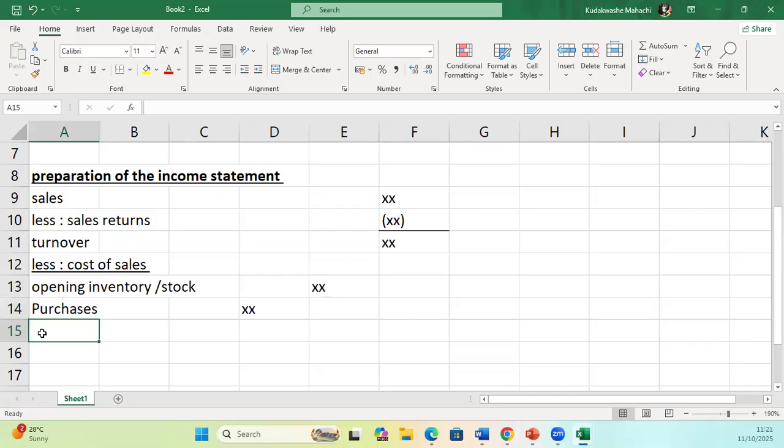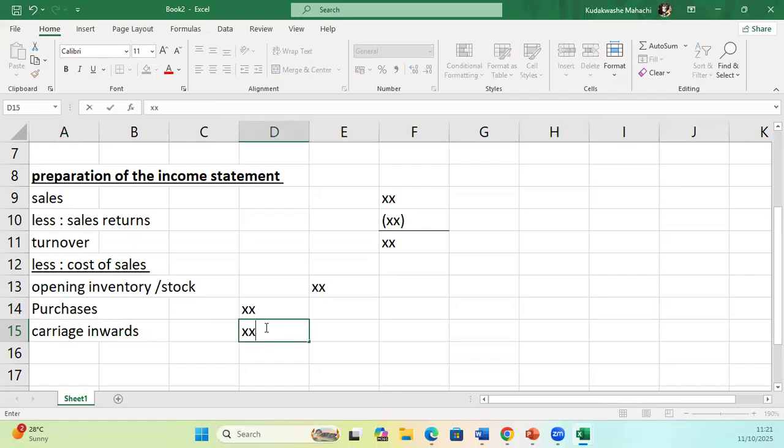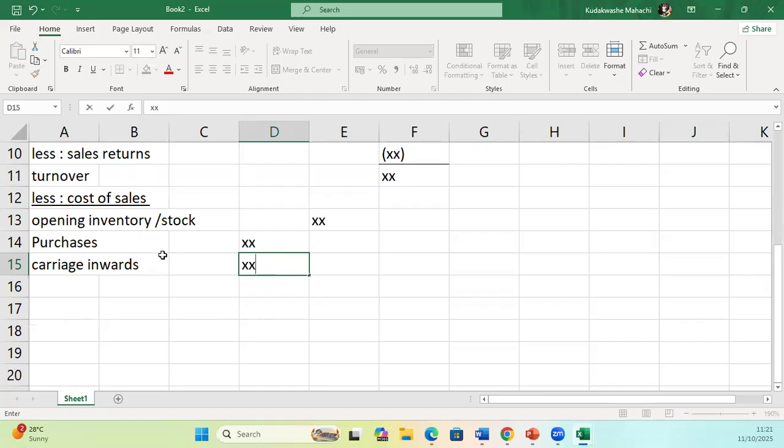So besides the purchases, we also have the carriage cost. If there are any carriage inwards costs, carriage inwards is the cost of bringing the goods in the business. So we add the carriage inwards cost.